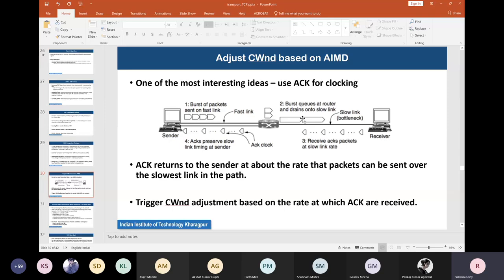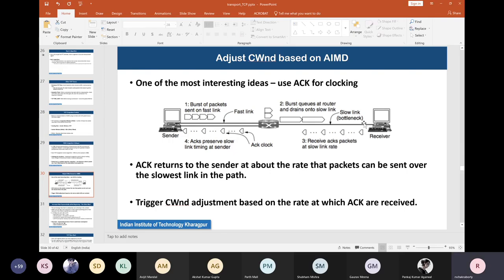It is not as fast as a fiber optic cable; it is much slower. Maybe this is a wireless link. You don't know; it is shown as a wired link, but maybe it's wireless. So the moral of the story is that the rate at which acknowledgements return to the sender is about the rate at which packets can be sent over the slowest link in the path. This is a very important insight.